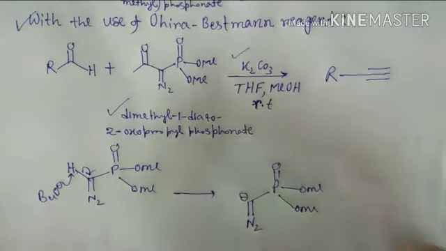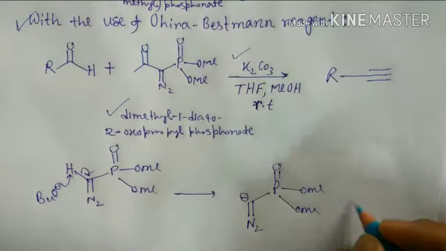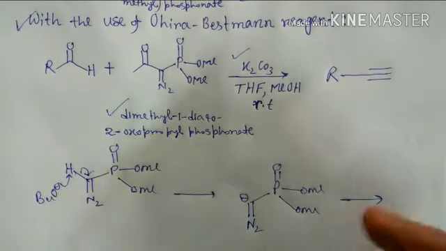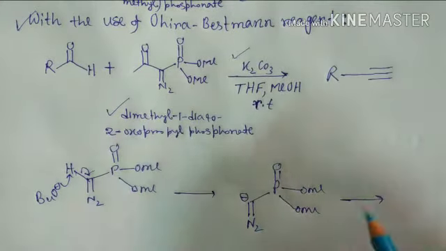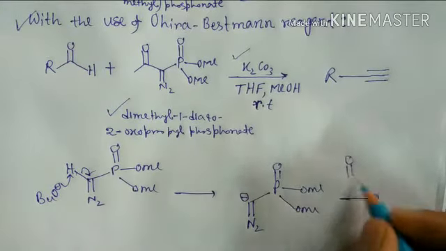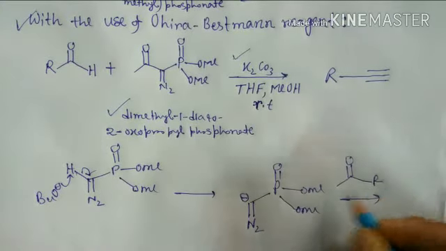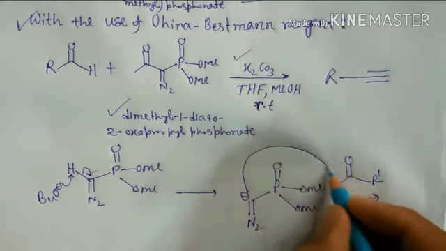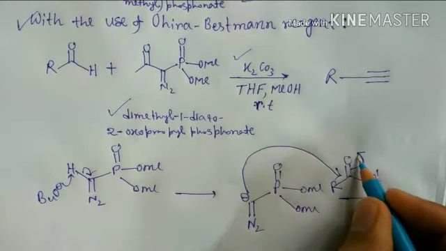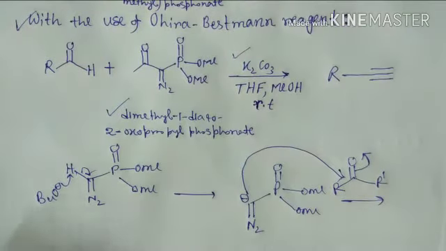Here you have a negative charge. Now this deprotonated reagent is added to the reaction mixture, and there you have this ketone, R R dash. Now this negative charge will attack at the carbon, so it will basically form this.